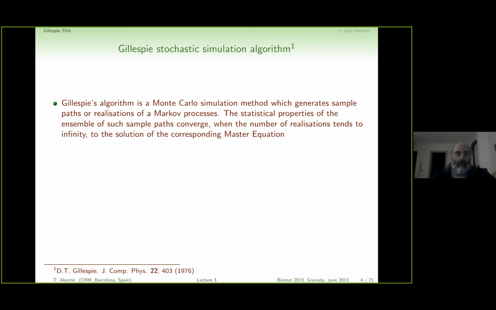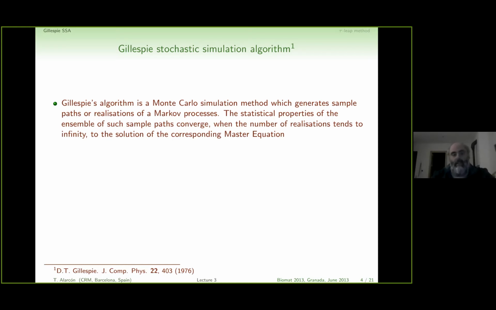And the statistical properties of the ensemble of such paths, when we take, of course, the number of paths going to infinity, converge to the solution of the corresponding master equation. In this sense, we always say that this is an exact algorithm, because you are sampling the exact solution of the master equation.